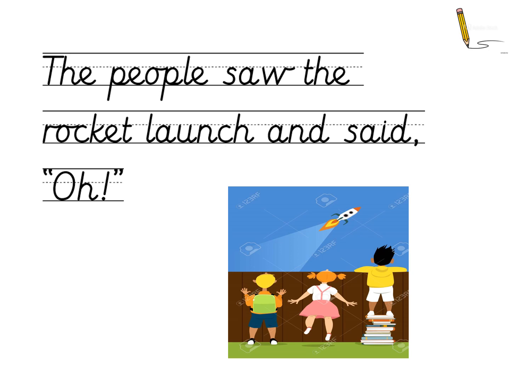Tick or fix your spellings of the words in this sentence. Did you notice it had both of our new common exception words in it, and the word launch had our new digraph? It was the grapheme A and U, wasn't it, making the phoneme OR.